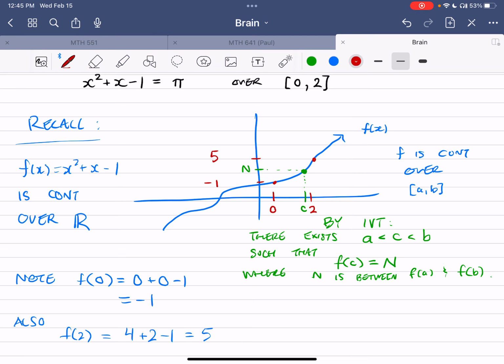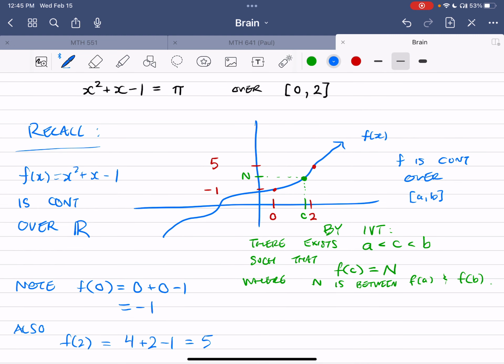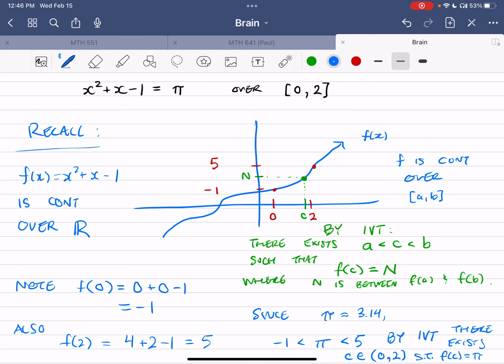So now, since pi, which is roughly 3.14, is in between -1 and 5, by intermediate value theorem, there exists a C in between 0 and 2 such that f of c is equal to pi.